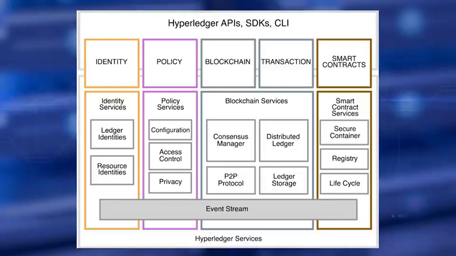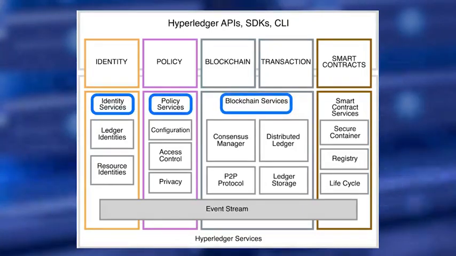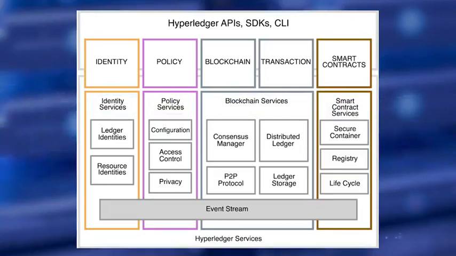The reference architecture specifies 4 different groups of services and the corresponding APIs for the applications to access them. Here is a list of services offered by the Hyperledger framework: identity services, policy services, blockchain services, and smart contract services. We'll now discuss the concept covered by each of these groups.